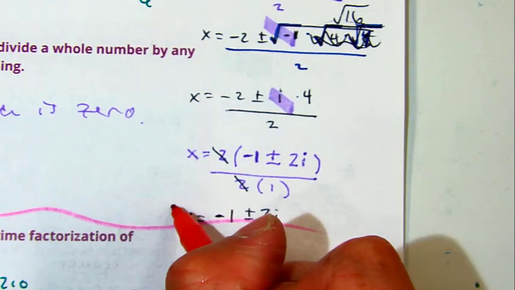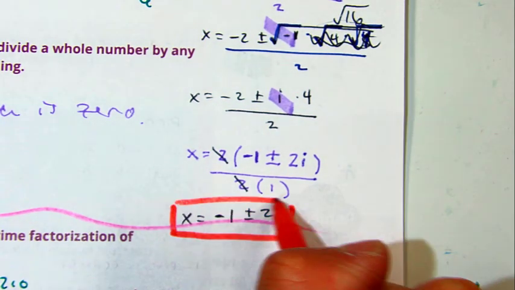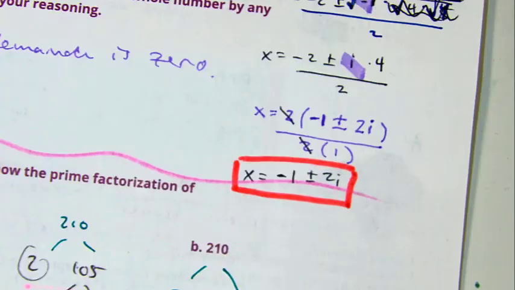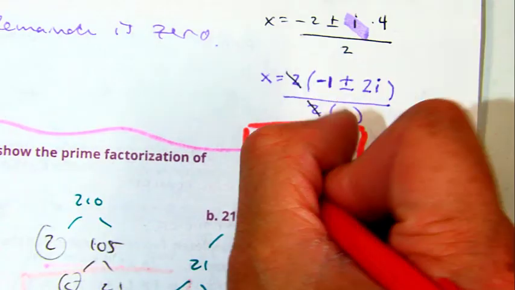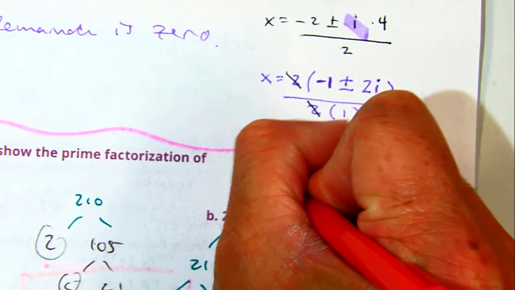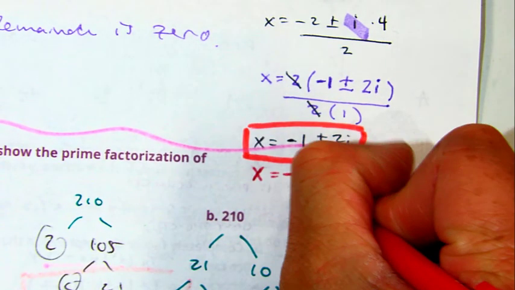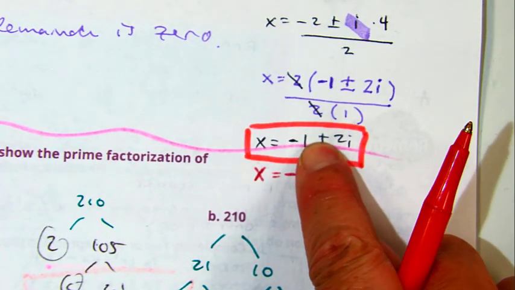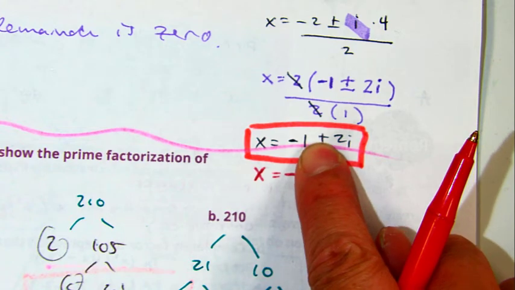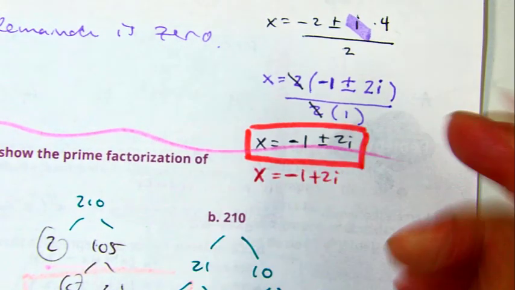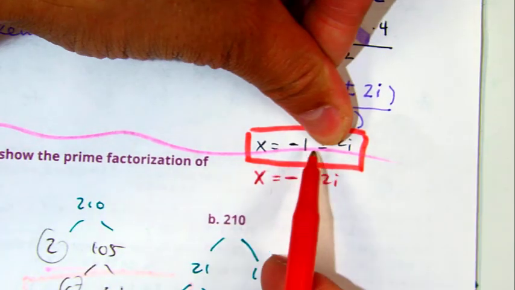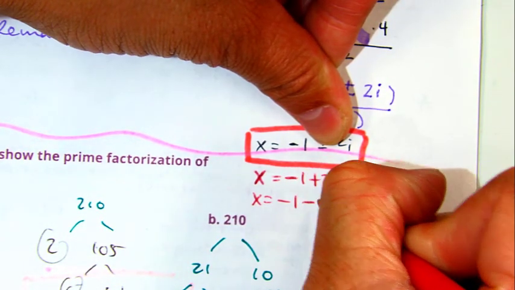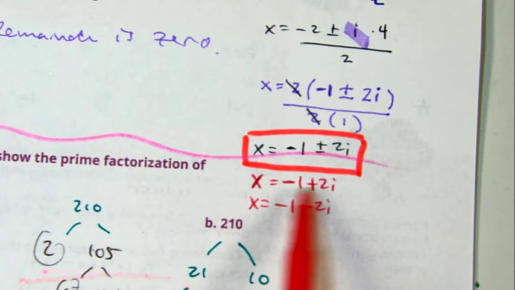Now, this is the time to split your plus or minus. x equals negative 1 plus, so just take your finger, cover up one of the math operations, so you have plus 2i, and negative 1 minus 2i. So the red box is essentially 2 solutions, and there are your 2 solutions.